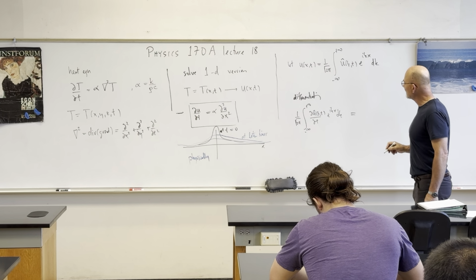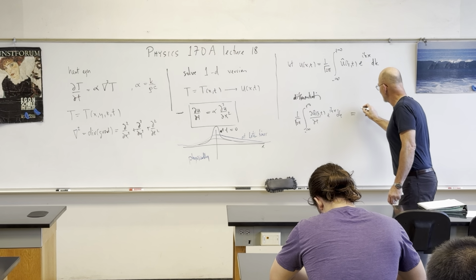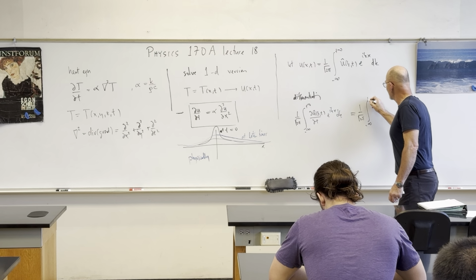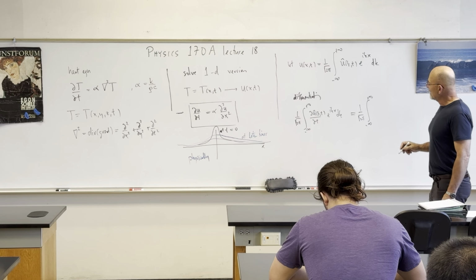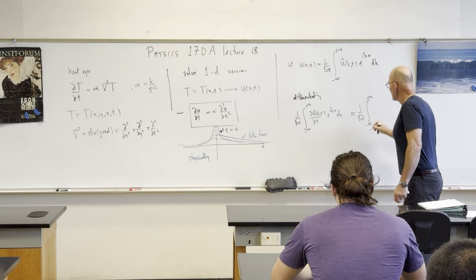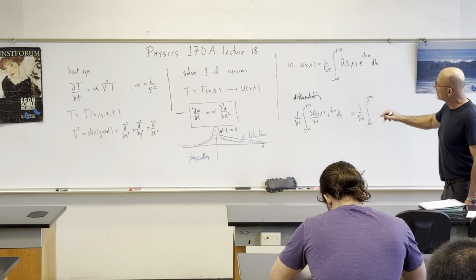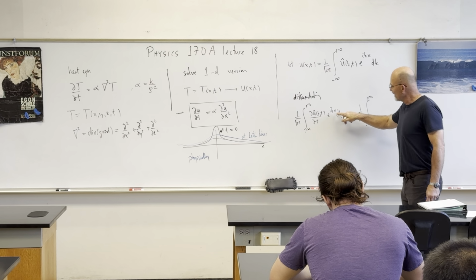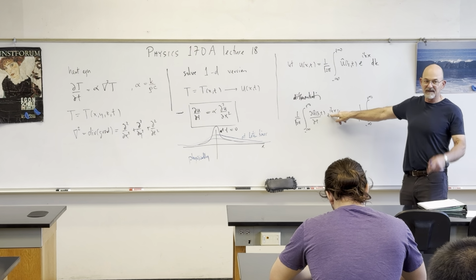So what about the right side of the differential equation? 1 over root 2 pi integral from minus infinity to plus infinity. Now we have an alpha. Actually, let's look at what's going to happen. We're going to take two derivatives with respect to x. So it's going to bring down ik and then squared.